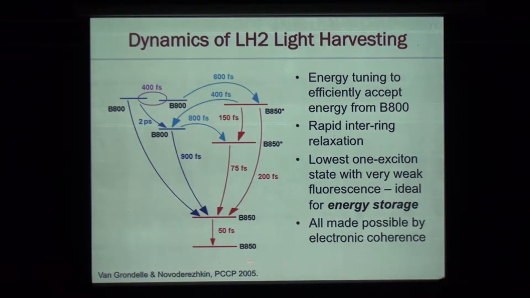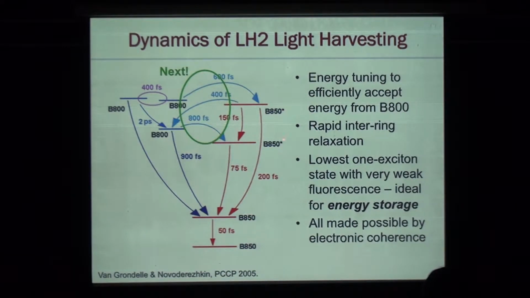And we are able to decipher the energy transfer dynamics, assign all the different states in LH2 and assign them all the time constants from one state to the other states. What's remarkable here is actually this part. That will be the focus of the next portion of the talk. But recognize that those B850 energy levels are possible.